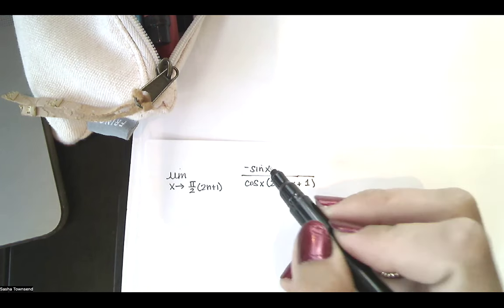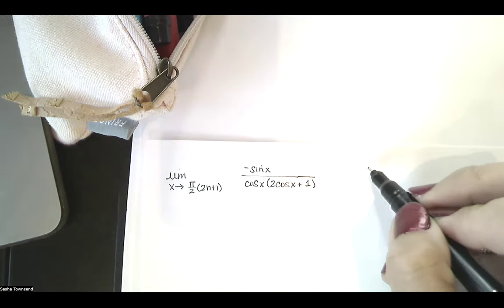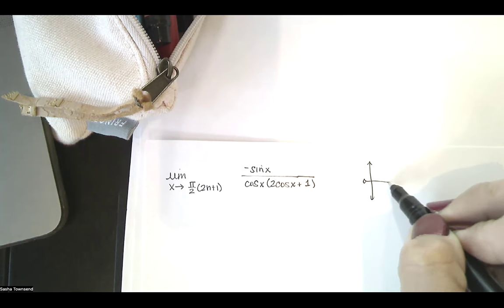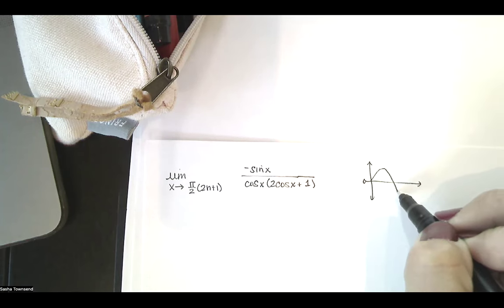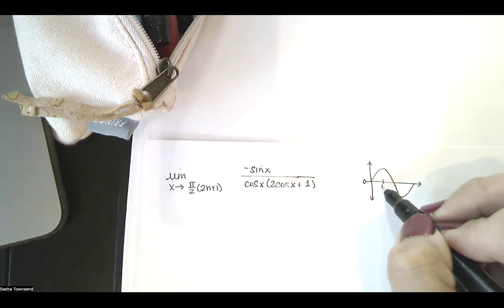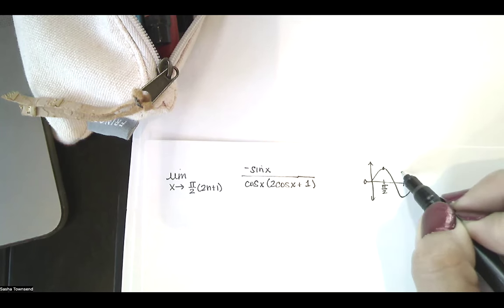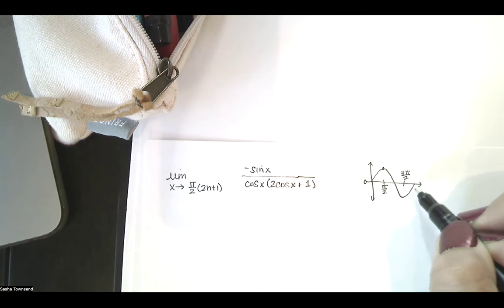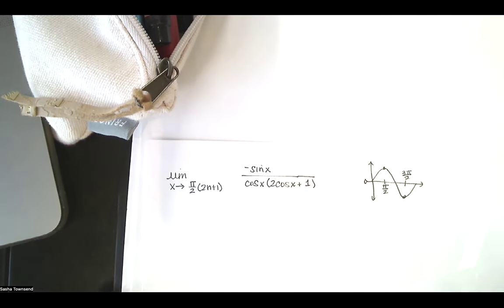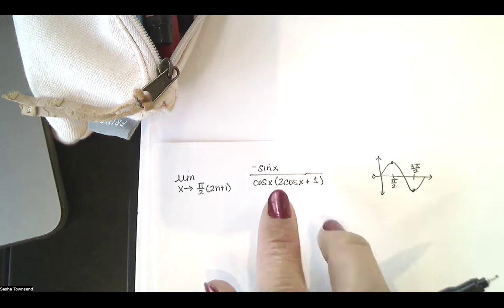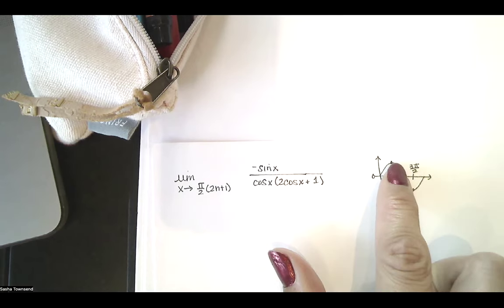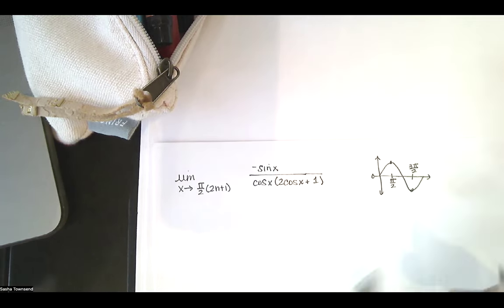This is positive 1 for some of the multiples of pi over 2, and negative 1 for other multiples of pi over 2, because we know that sine is equal to 1 at pi over 2, and it's equal to negative 1 at 3 pi over 2. So when I'm thinking about this limit, we're going to have different behavior at pi over 2 than we do at 3 pi over 2.